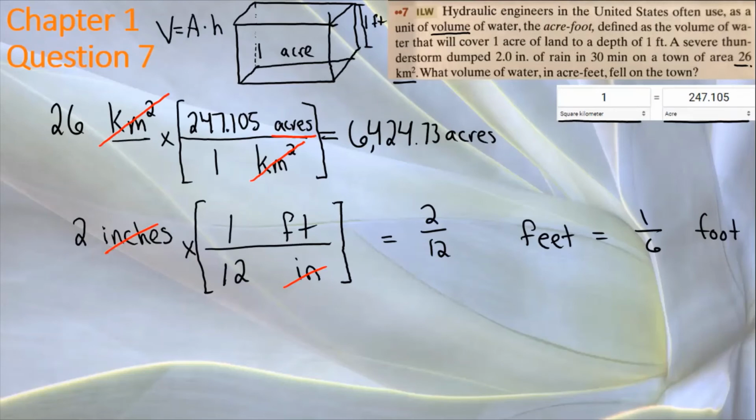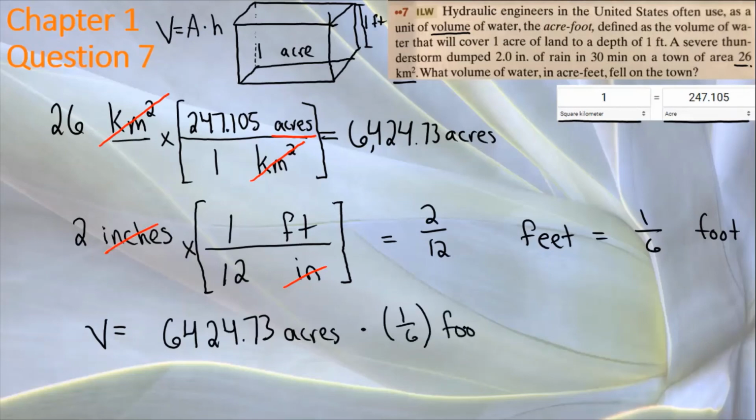So now we want to find what this volume is, and so the volume V is equal to our acres times our feet. So 6,424.73 acres times 1/6 of a foot.